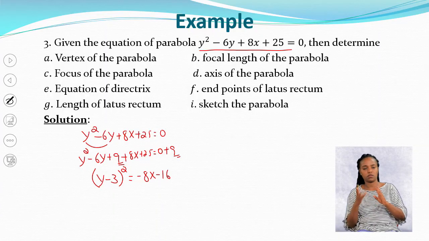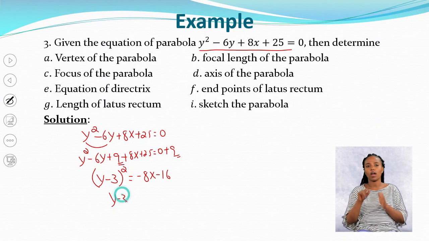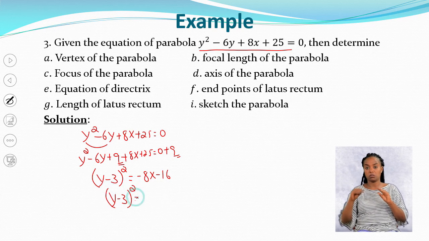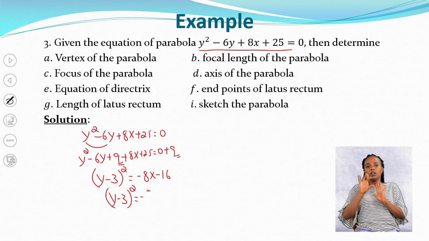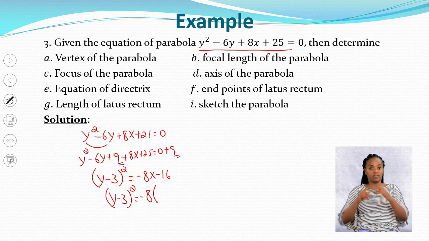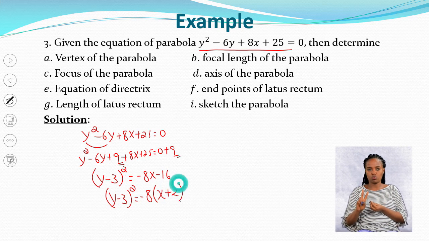So y minus 3 the whole squared gives you negative 8 times, you can factor negative 8 into x plus 2.